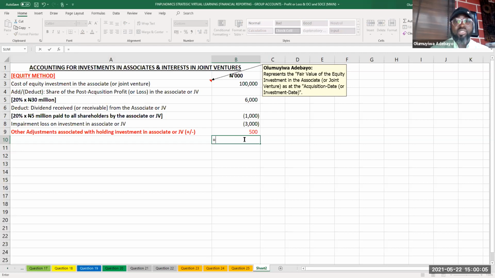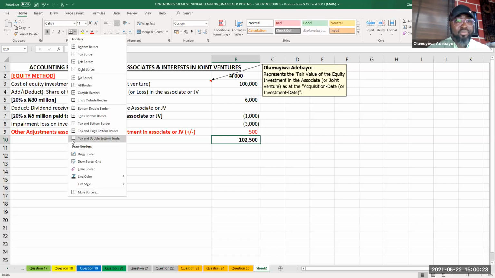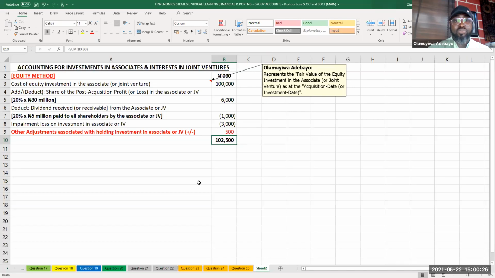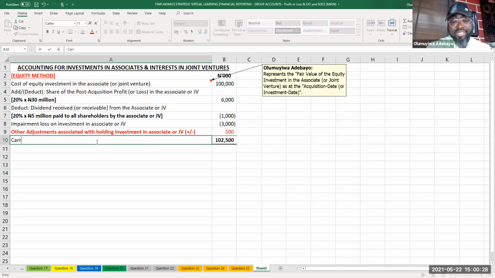Thereafter, what you obtain by summing this up is what we call the carrying amount of investment in associates or a joint venture.